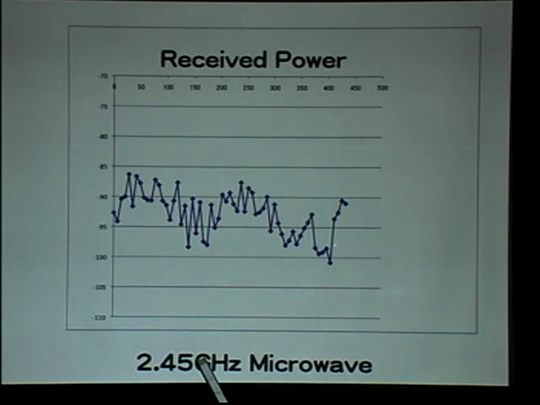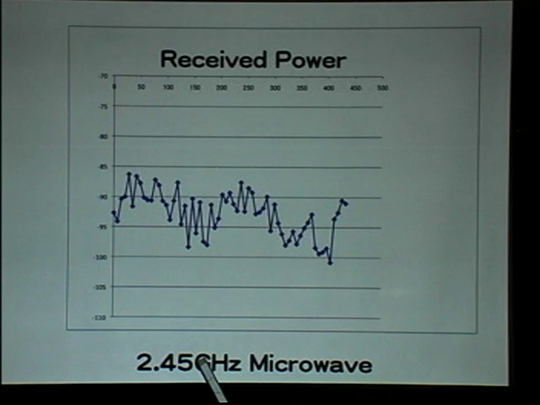We have a very large variation in the receiving power. If microwave power is attenuated by 10 dB, it means one tenth.